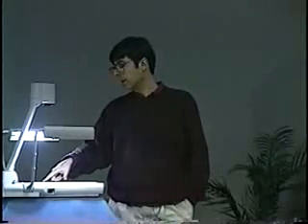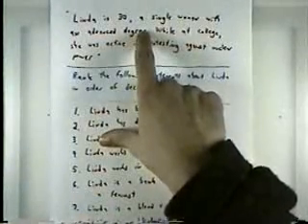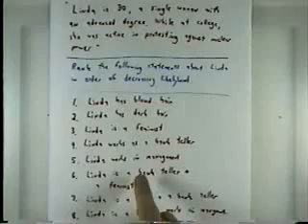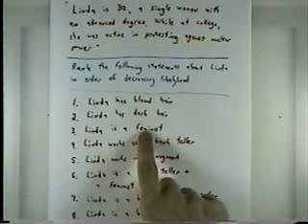So the statements are, number 1, Linda has blonde hair. We know what we know about Linda. Is it more likely that Linda has blonde hair or dark hair? How does that compare to the odds that Linda is a feminist?